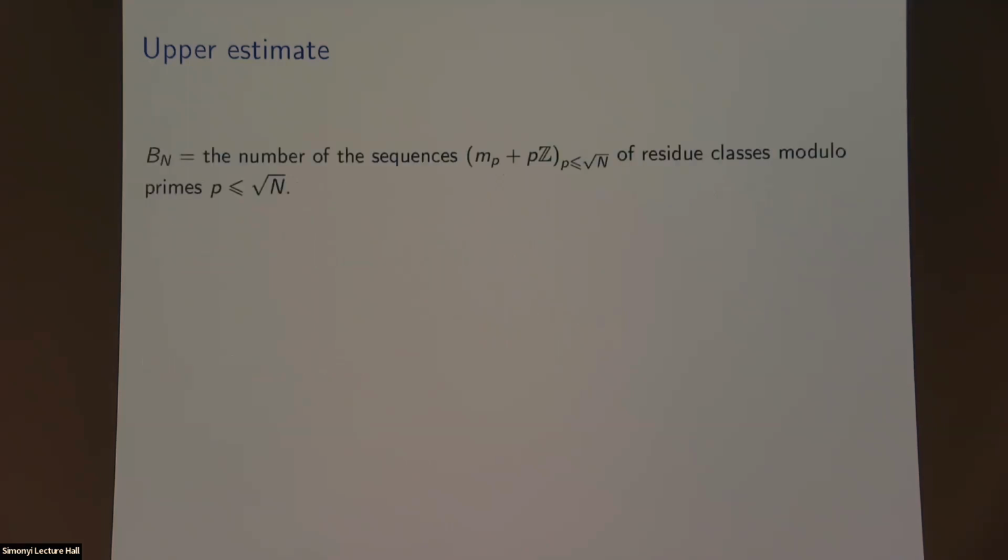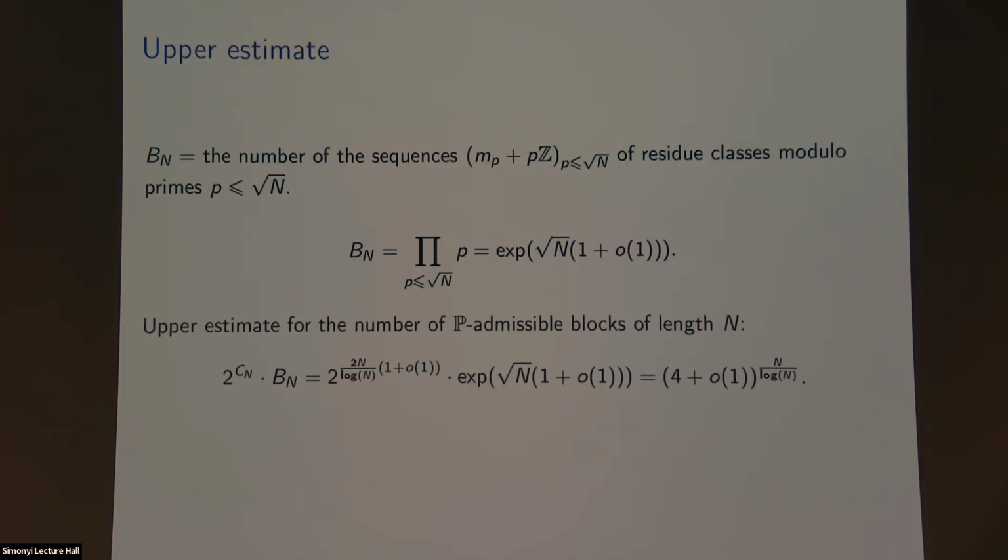Further, let Bn stand for the number of the sequences of residue classes, modulo p. Sequences of residue classes, the choices. This number is clearly the product of the primes less than or equal to the square root of n, and this is something like exponent of the square root of n.